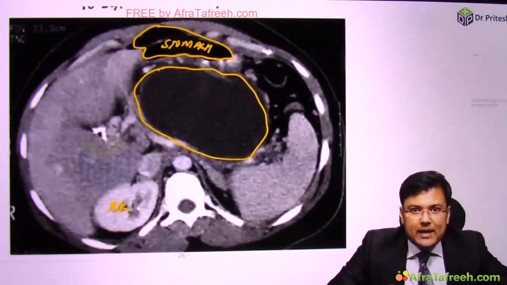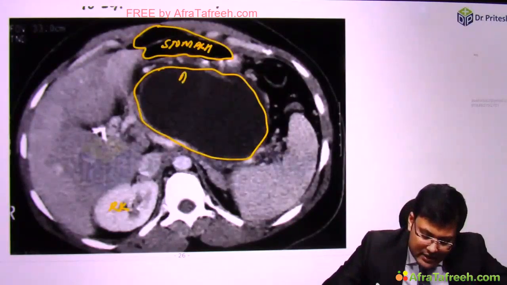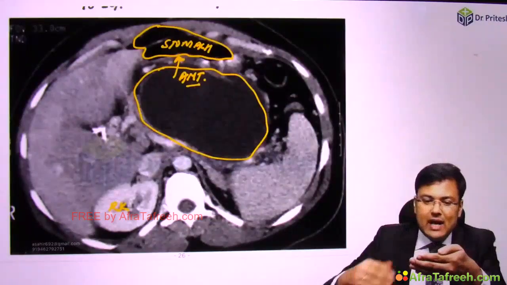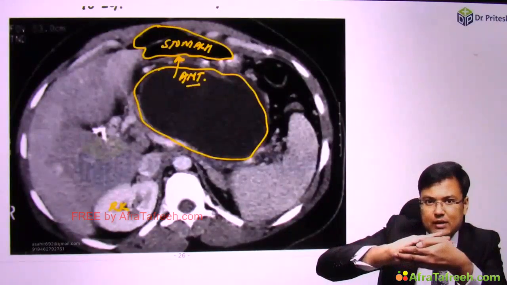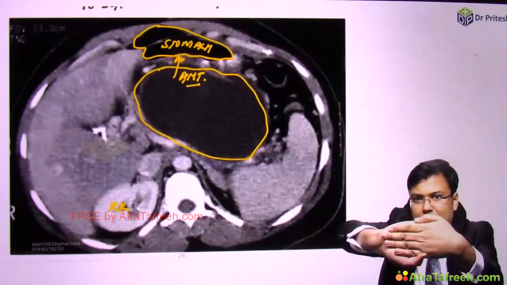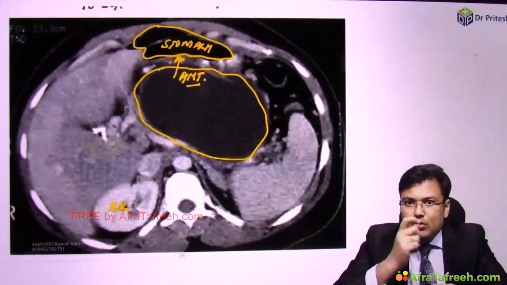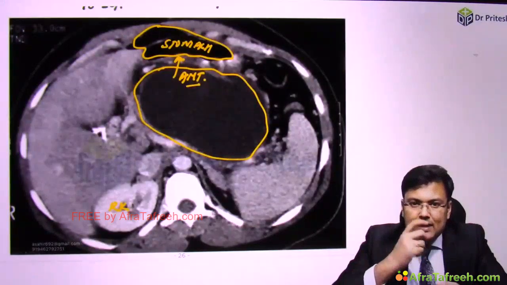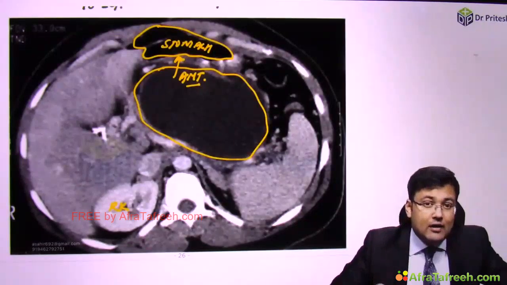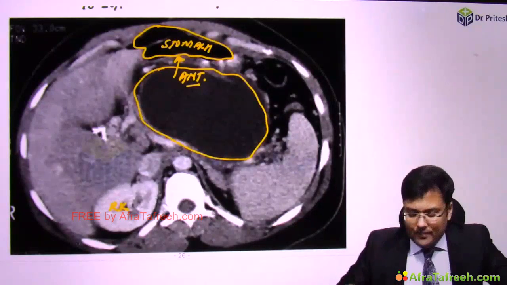There is abdominal pain. Simultaneously, can you see this is the anterior wall of the cyst? It is going to compress the posterior wall of the stomach, so the anterior and posterior wall of the stomach are going to collapse, and it is going to push the stomach towards the abdominal wall. That's why whenever the patient eats or drinks something, after meals, what happens? There is vomiting. What kind? Non-bilious vomiting.